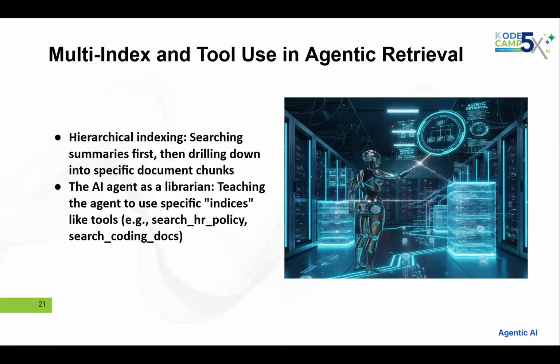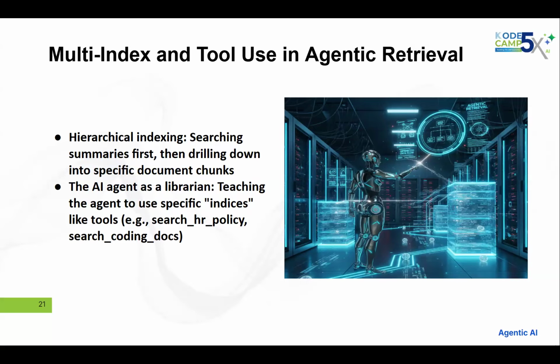Another approach is multi-index and tool use. Now, a multi-index retrieval, essentially, you index the documents, the information, hierarchically. For example, you could index summaries of the documents so that in the first instance, when a user prompt is retrieved, the agent searches that primary index, the index of the summaries.